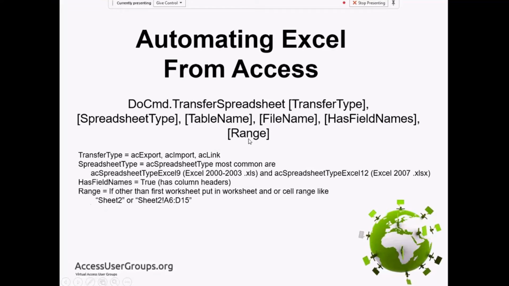There's also an optional range, and I'm going to show an example of that on the export, where if you don't want to put something in the first worksheet or starting with A1, then you could put something like Sheet2 or whatever the sheet name in the spreadsheet you wanted it to be, or you can put a whole range of cells that you want to export to.